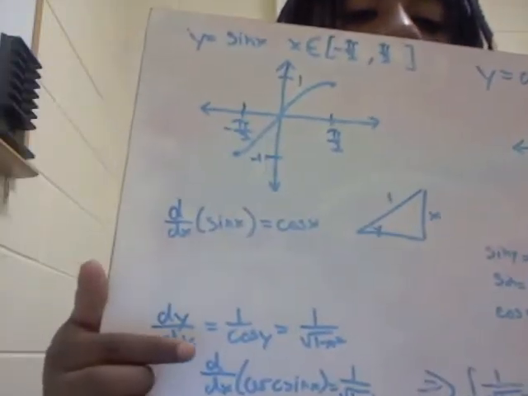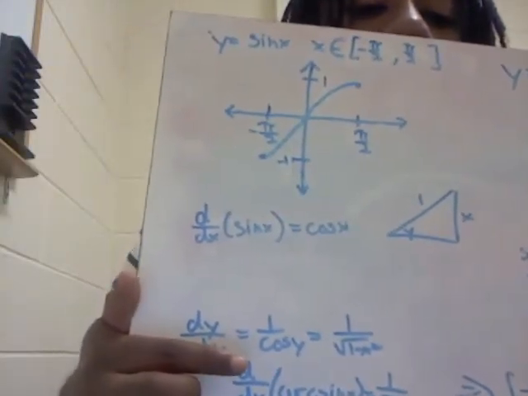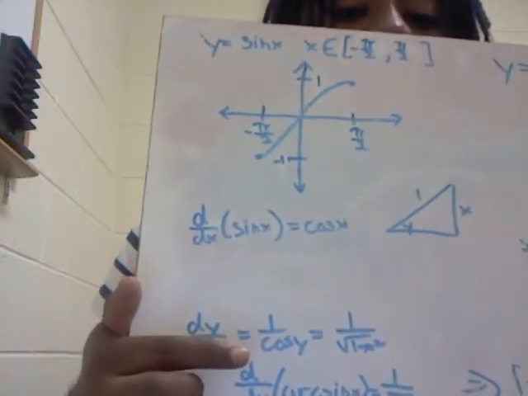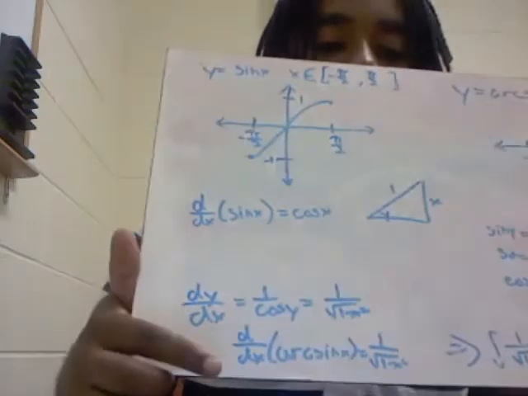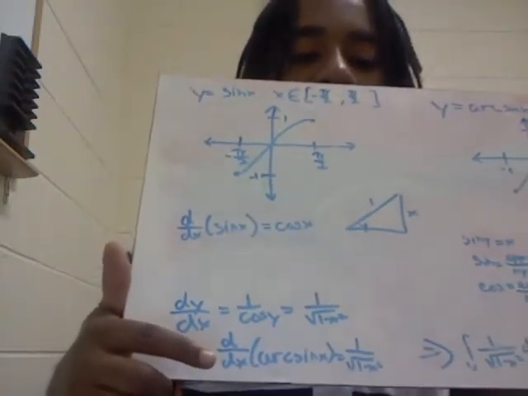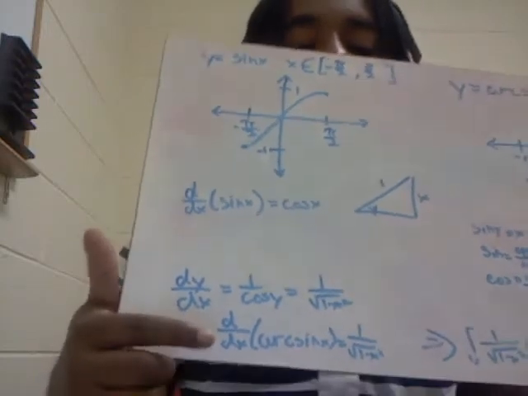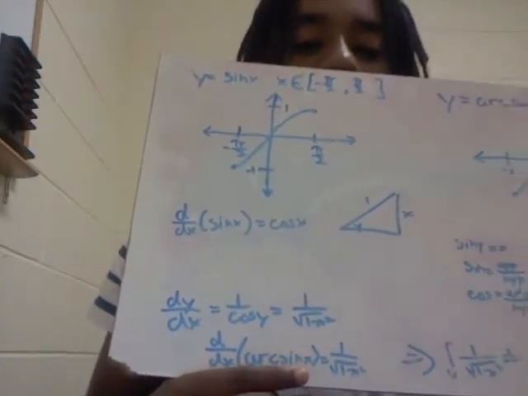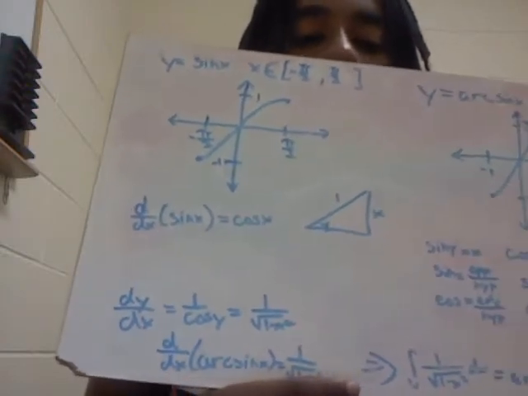So we just substitute that in for the cosine y, and we will have 1 over square root of 1 minus x squared. So that means that the derivative of the inverse sine, also known as the arc sine, will equal 1 over square root of 1 minus x squared.